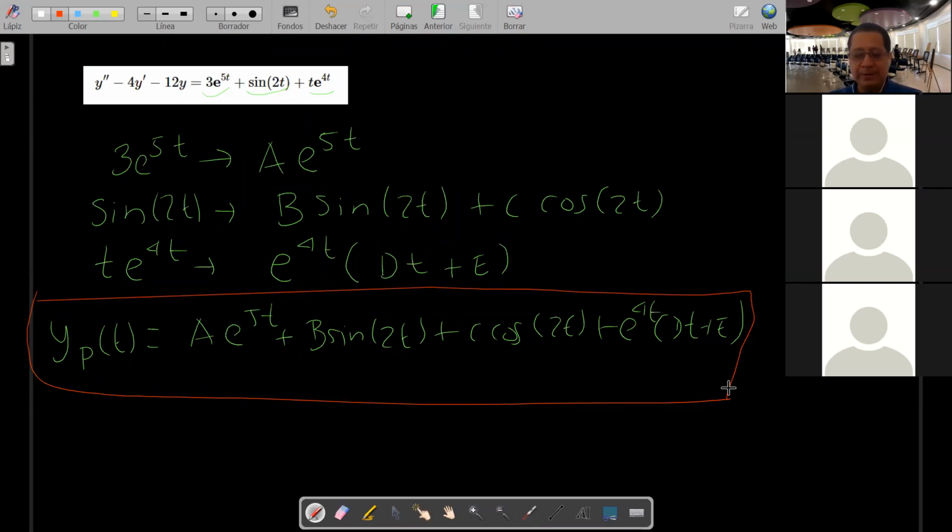So once again, what if the forcing function does not have these three basic types of functions? Well, you need to use another method, and that method will be the variation of parameters. So next lecture, we'll be working with the variation of parameters in order to find a particular solution for cases different to these ones.